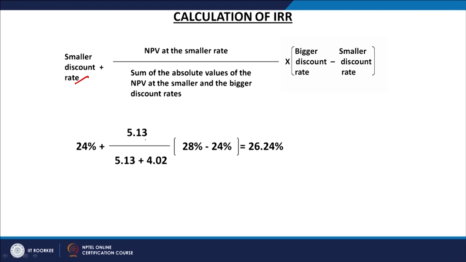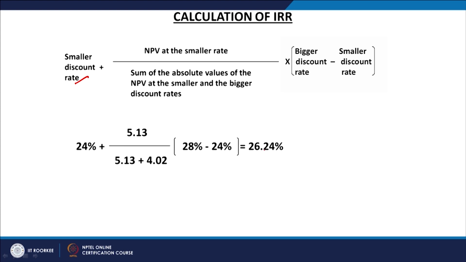When you solve this entire process, first you calculate the ratio of the smaller value to the sum of the two, and then you multiply by the difference of the two rates, which is 4%.